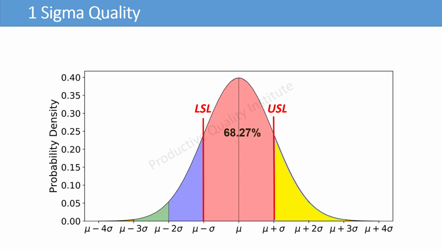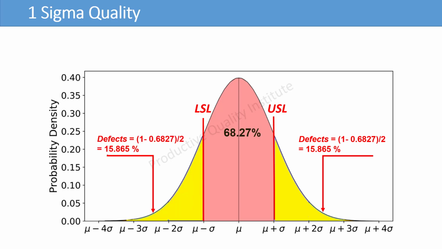The area outside the upper specification limit, which is considered a defect, is equal to (1 minus 0.6827) divided by 2, which is 15.865%. The same holds for the area outside the lower specification limit: 15.865%.